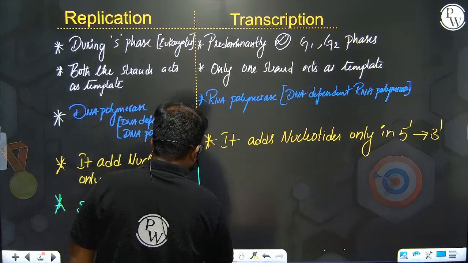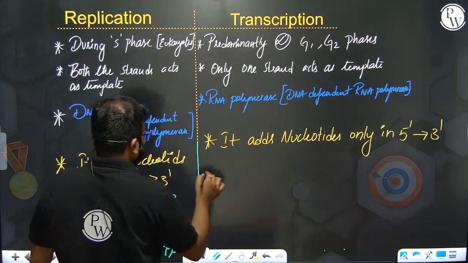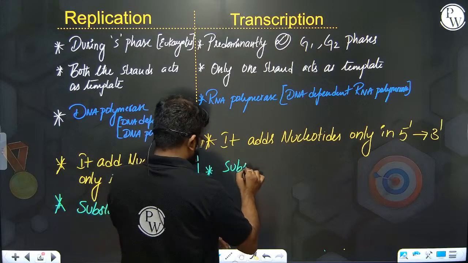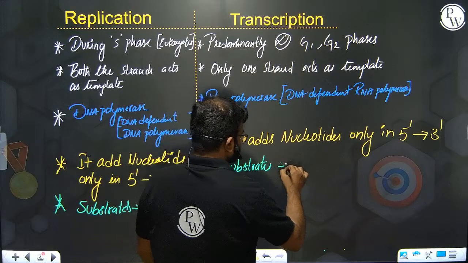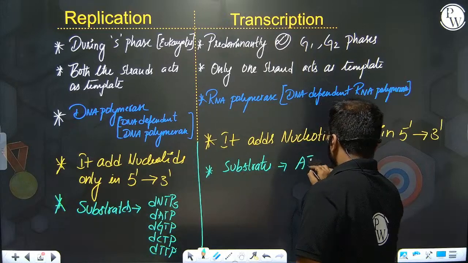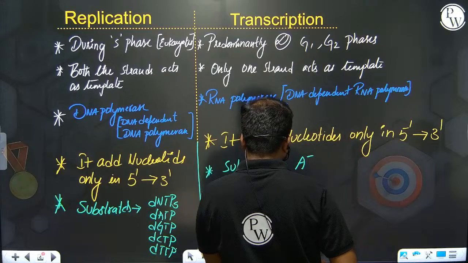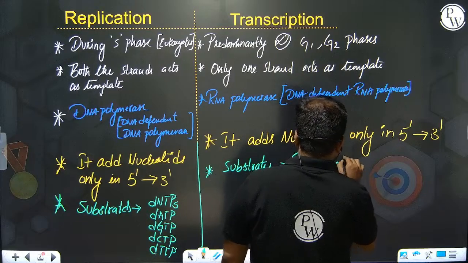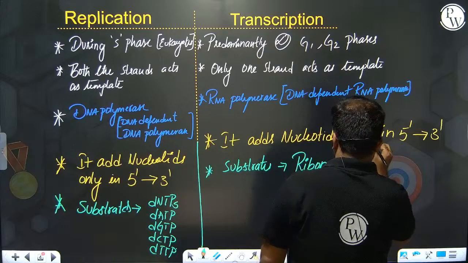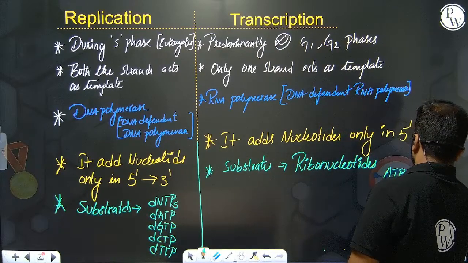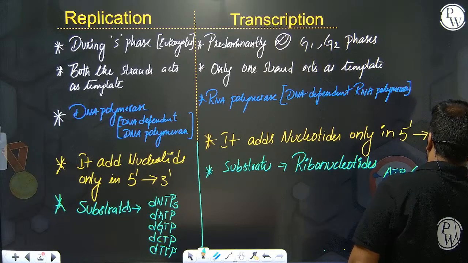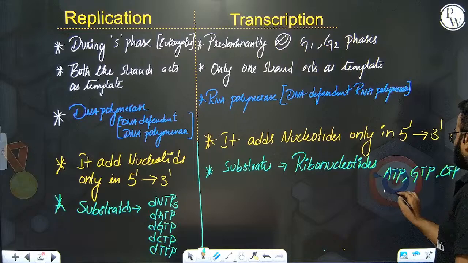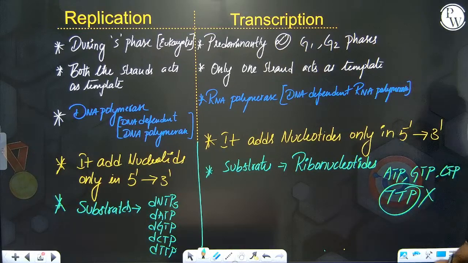Whereas in transcription, the substrates are ribonucleotides, which are ATP, GTP, CTP, and if you say TTP, then you'll be absolutely wrong, because in transcription we are making RNA, so it should be UTP.